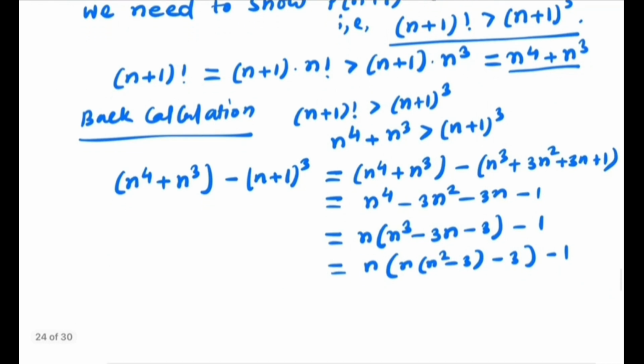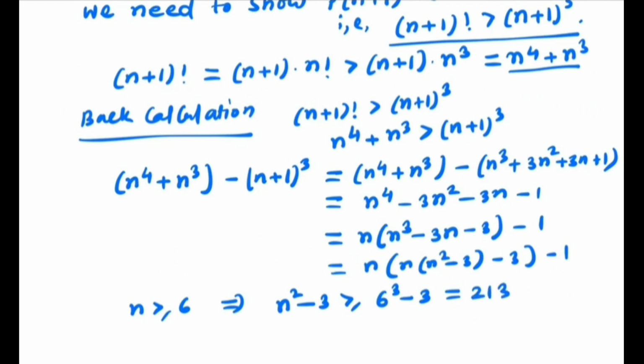Now we have n is bigger or equal to 6. So n squared minus 3 is bigger or equal to 6 squared minus 3, which is 33. So n into n squared minus 3 is bigger or equal to 33 into 6, which is 198.